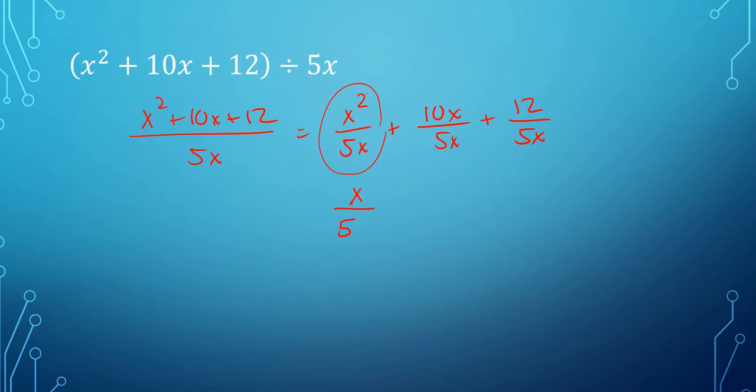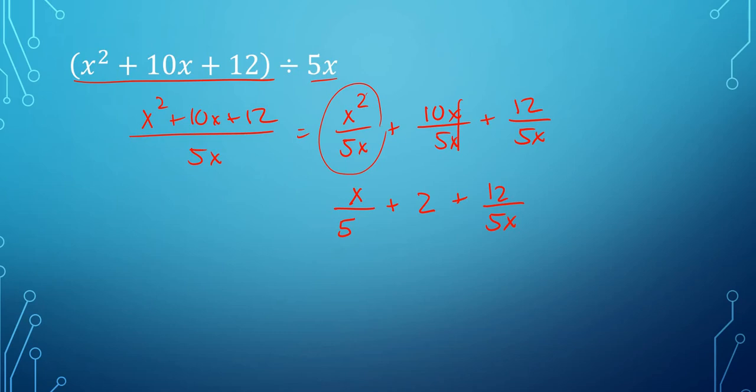X squared over x is x on top. Here these x's cancel, and 10/5 becomes 2. And the last one, there is nothing to simplify, so I simply leave it as 12 over 5x. And that's my answer for a polynomial divided by a monomial.